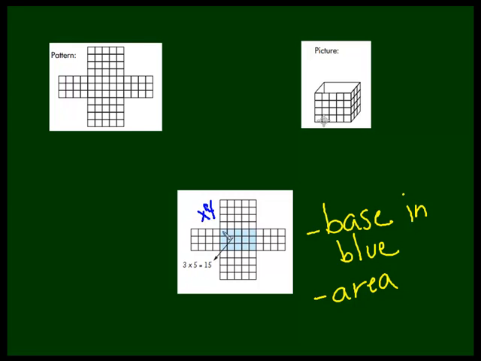So once you find the base area, which is 3 times 5 equals 15 on this one, then you can take that area and multiply it by the height. So this height I just said was 4, so 15 times 4 would be 60. So this volume is 60 cubic units.